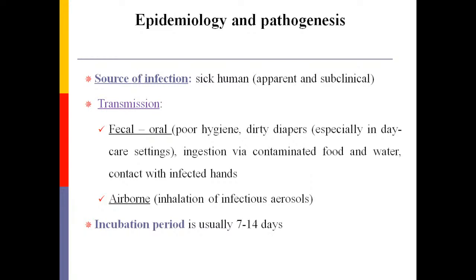Fecal-oral transmission means transmission of poliovirus due to poor hygiene, due to dirty diapers, because it's a child's disease, especially in daycare settings, through ingestion of contaminated food and water, and contact with infected hands. And another transmission way is airborne, through inhalation of infectious aerosols.